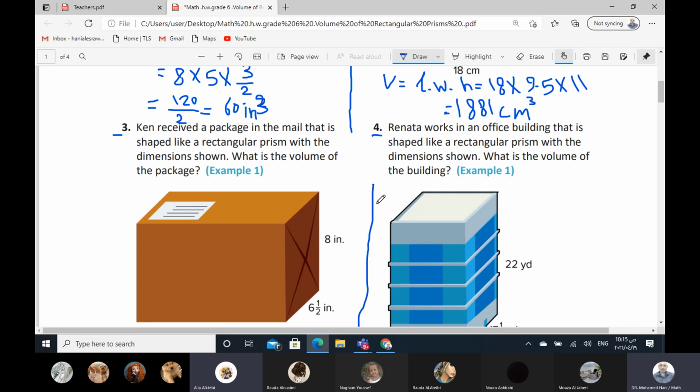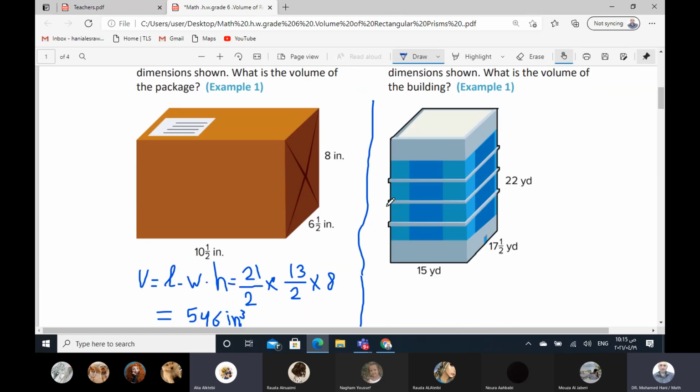What is the volume of the building? Thank you. As you see in this building, we have here the width 15 and the length 17 and 1 over 2. And here we have the height. So we want to find the volume.